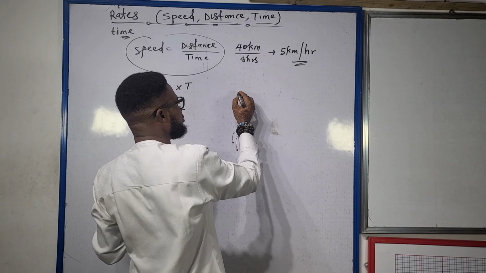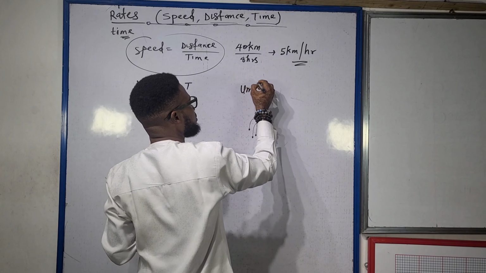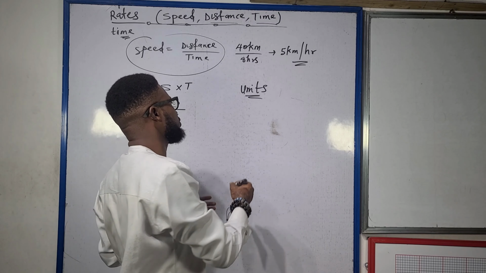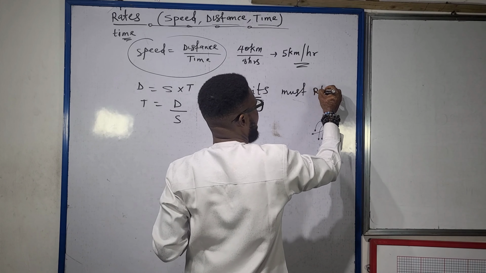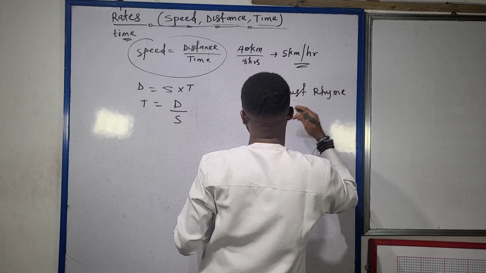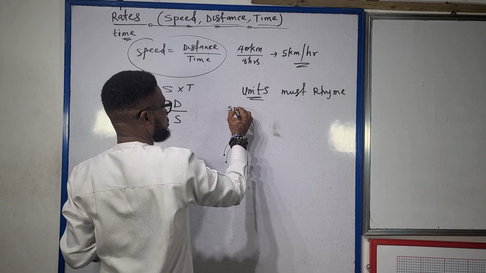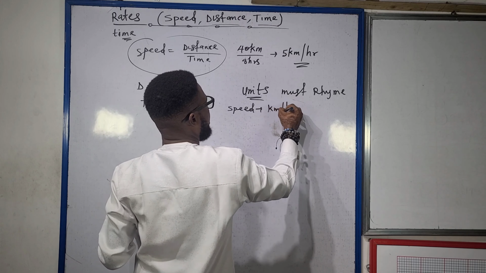So with these three formulas, we're going to deal with rate. And when we're dealing in rate, take note: be careful when it comes to your units. Your units must rhyme. Imagine that speed is in kilometers per hour.